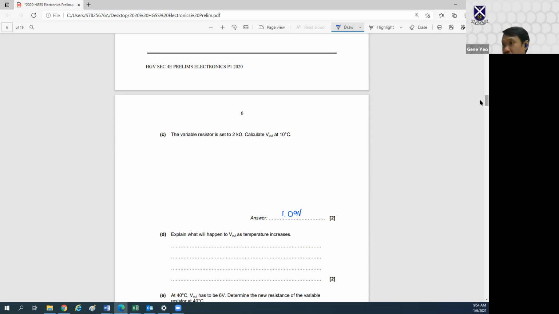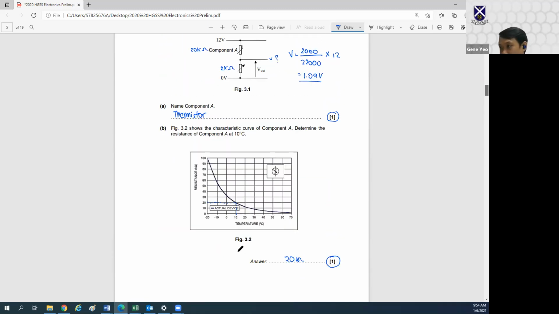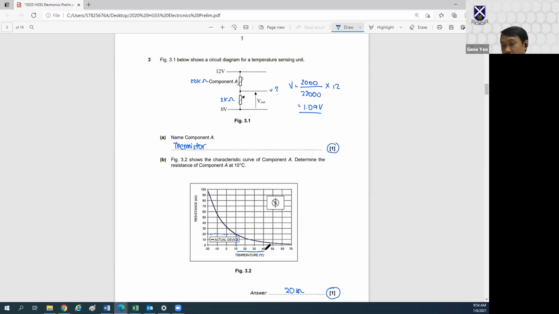What happens to V out as the temperature increases? Okay, so as the temperature increases, what we see is that the resistance drops. So the resistance here is going to drop. As this resistance drops, the voltage across this resistance also drops.